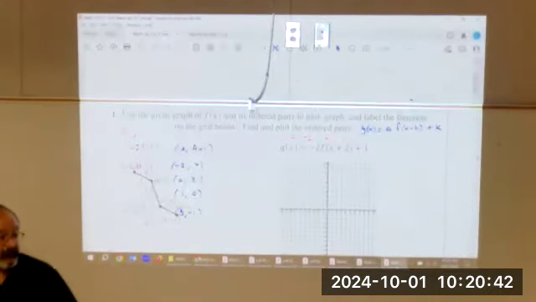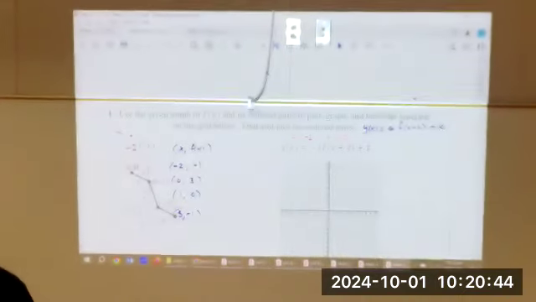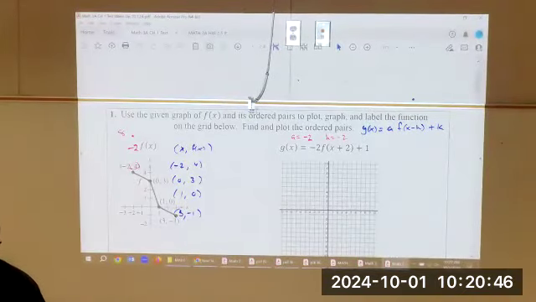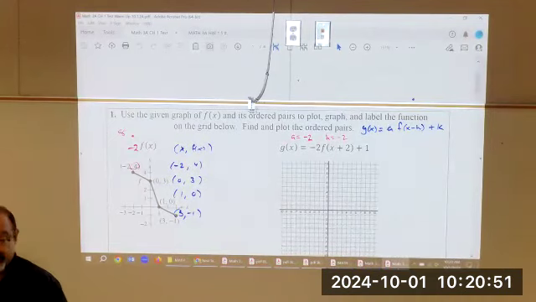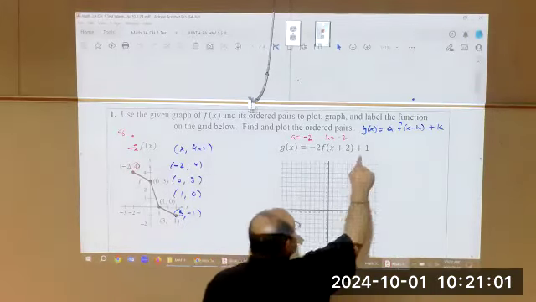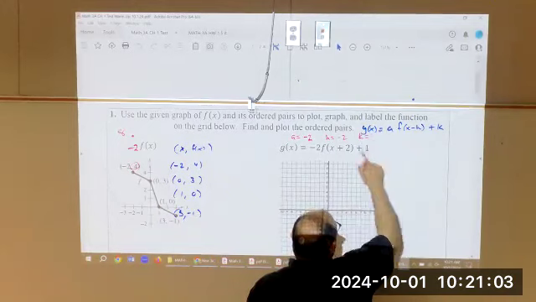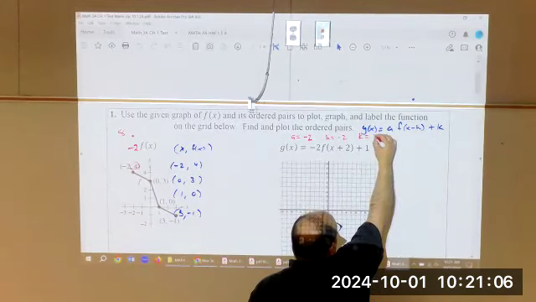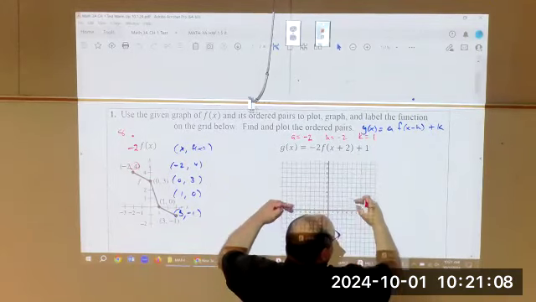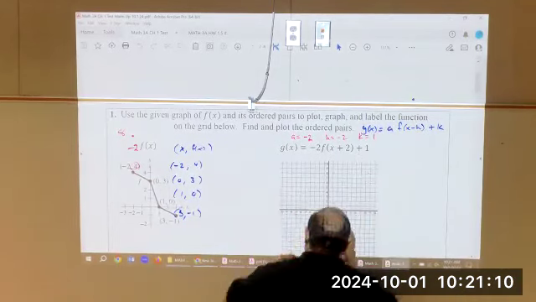Everything's going to shift to the left, because we're looking at x +2. We do the opposite direction. We're going to go to the left. And then we have a K as well. K is a +1. So everything will shift up 1 as well.